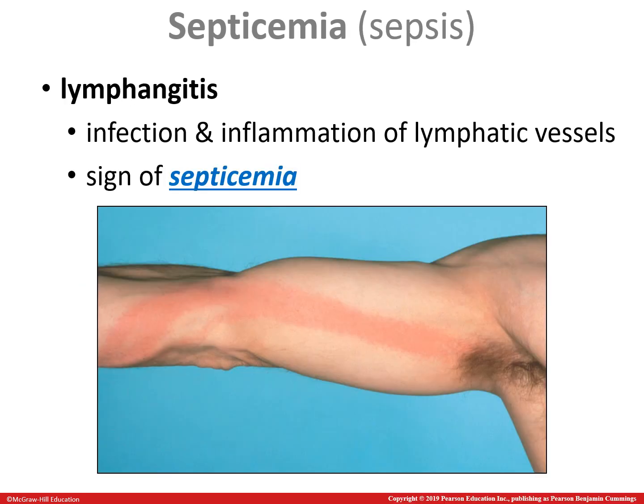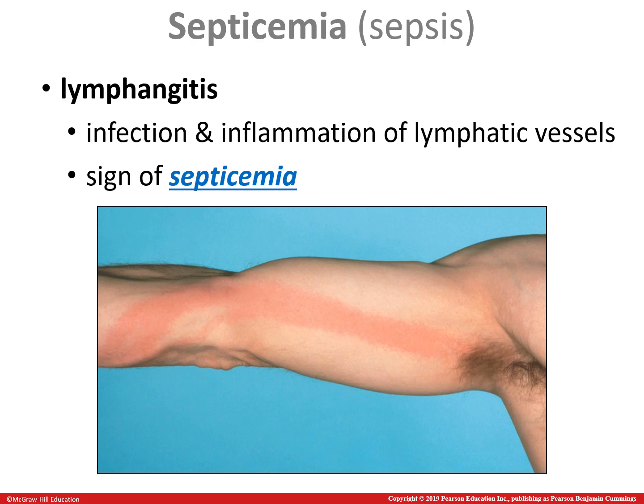Because of the connection between the two vascular systems, when you have inflammation of the lymphatic vessels that run very superficially next to veins, if the organism finds its way into the lymphatic system, then we would call that lymphangitis.